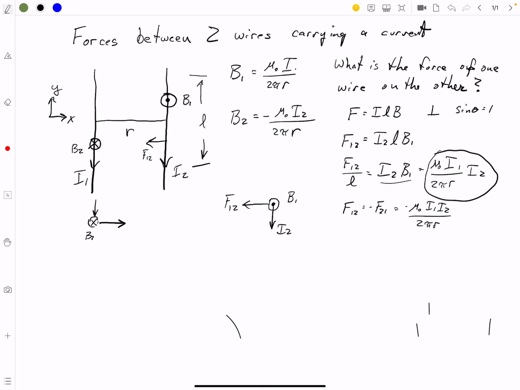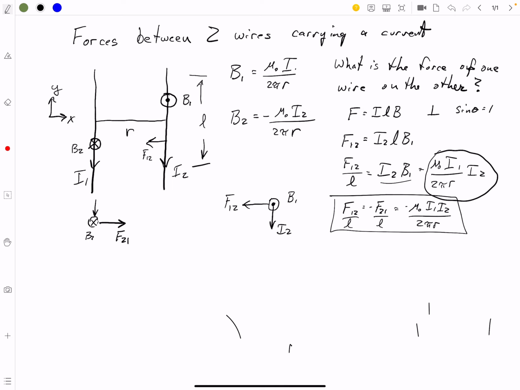Our force is then F21. So the direction, they're equal and opposite. In other words, we've got equal and opposite things happening here. And that's pretty cool. And, you know, these are force per length, so we'll keep the lengths in there. That's force per length. But that's a really awesome thing.